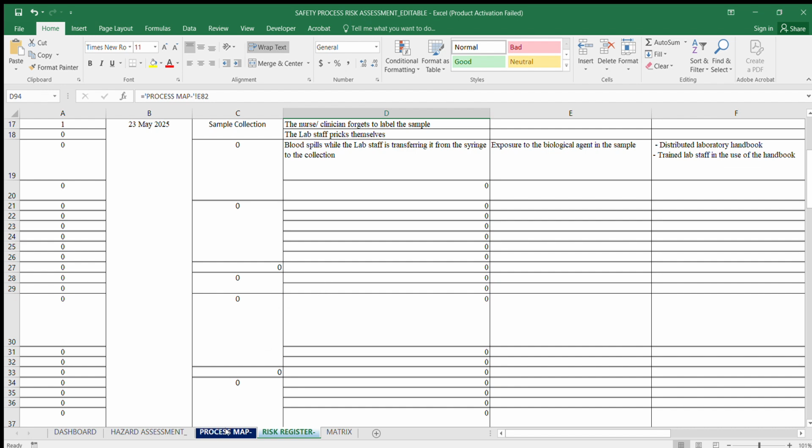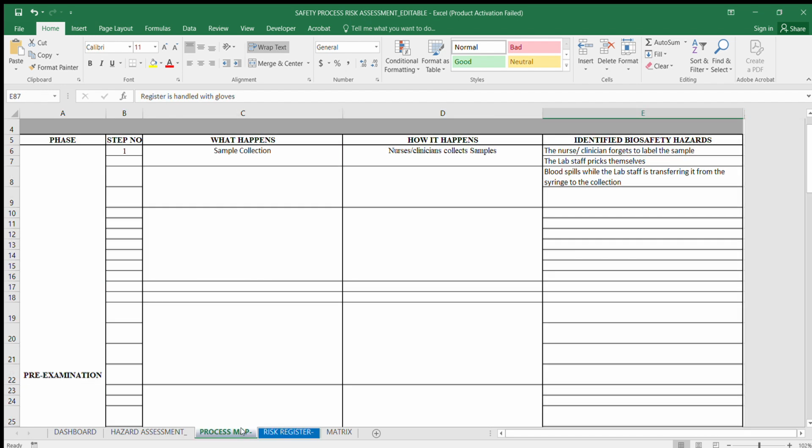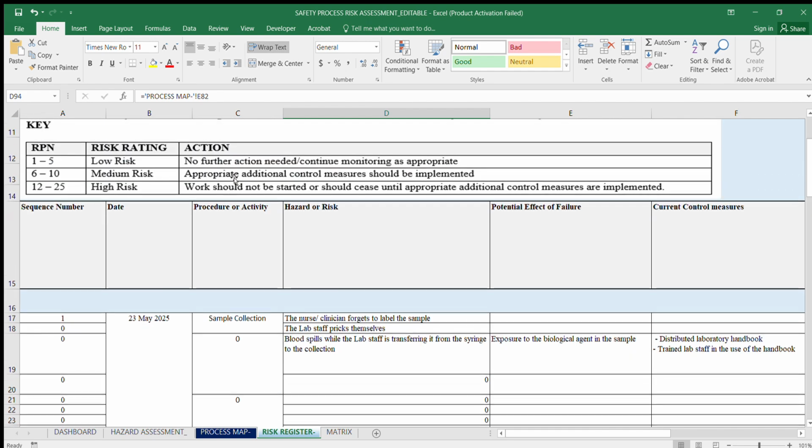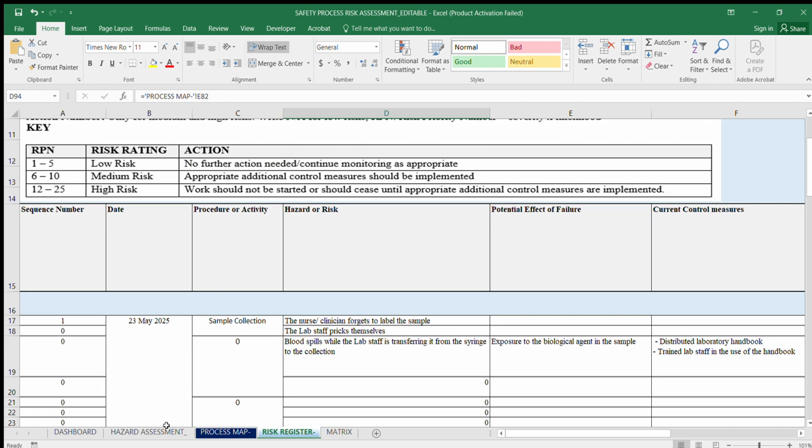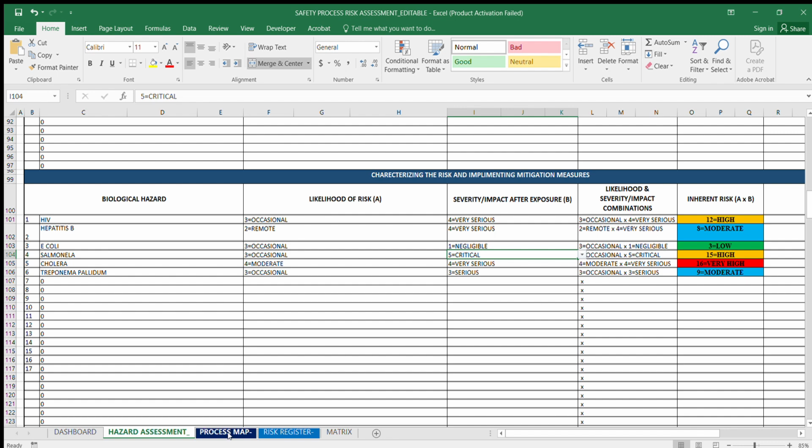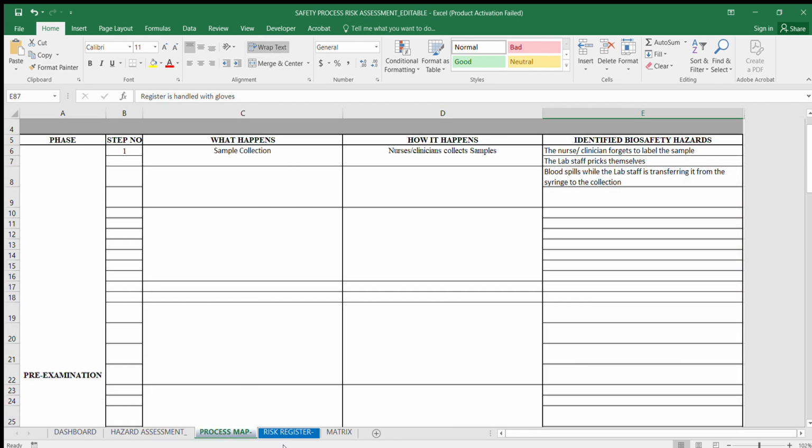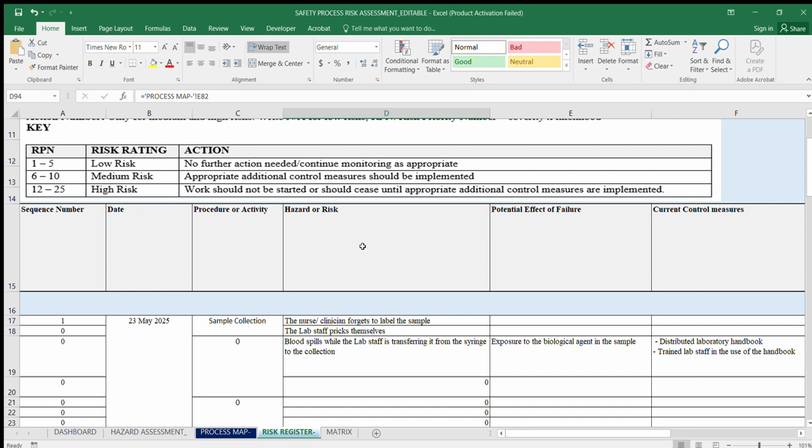Whatever you enter under the process map, the template will transfer all your risks to your risk register. It will also transfer the "what happens" part of the process map to the risk register. So the process activity is the "what happens" part of the process map.